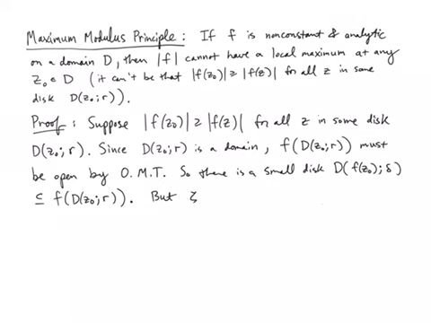But let's say zeta equals f of z naught plus delta over 2 times f of z naught over the norm of f of z naught.